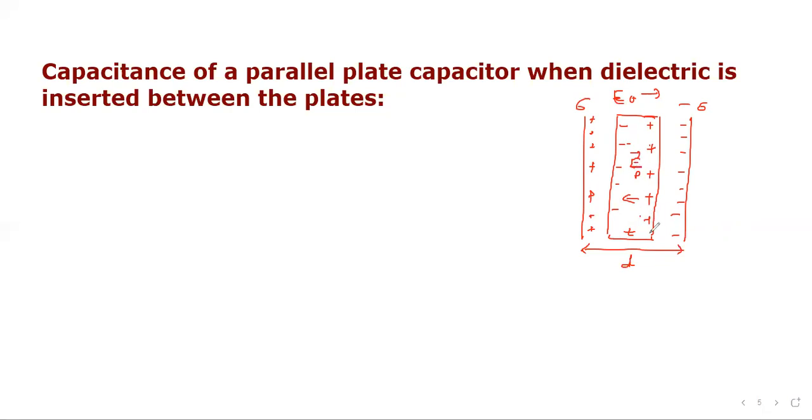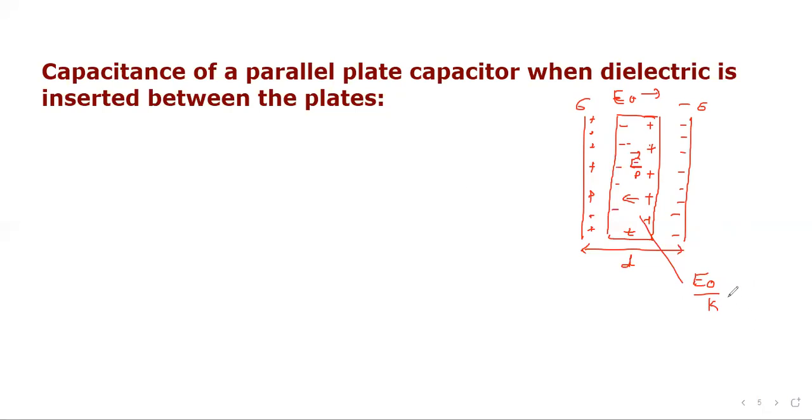So net field inside the dielectric will be E0 upon K, which is the difference of the external field minus induced field.